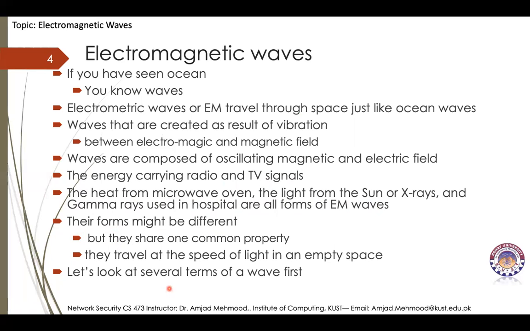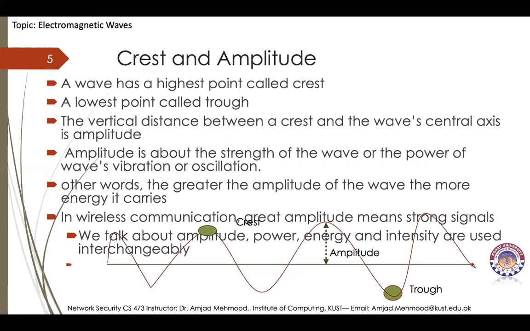Let's look at several terms of waves first, like crest and amplitude. A wave has a highest point called crest. If you consider this as a wave, this is the highest point, so this is called crest.